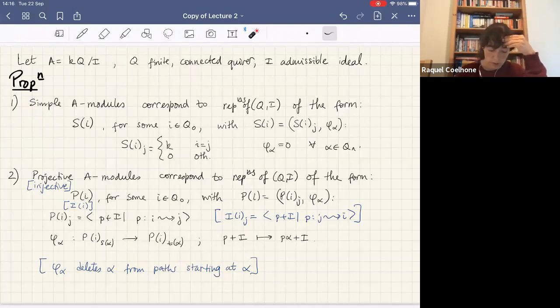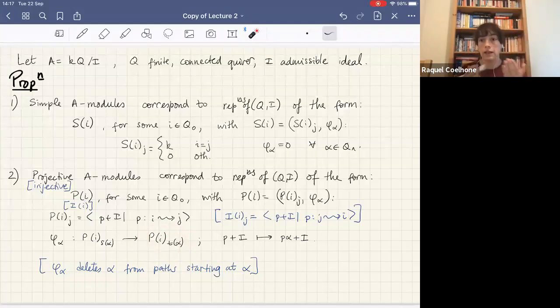Okay, so what are the maps? The linear map phi alpha starts at Pi at the start of alpha and ends at Pi at the end of alpha. Here you have paths from I to the start of alpha, and you want to map it to here. So you just compose that path with alpha on the right.